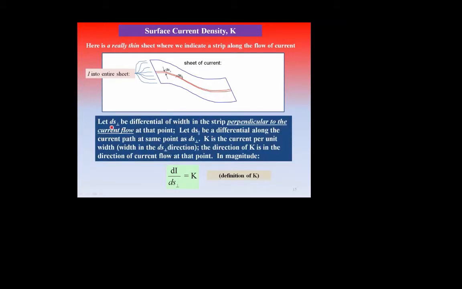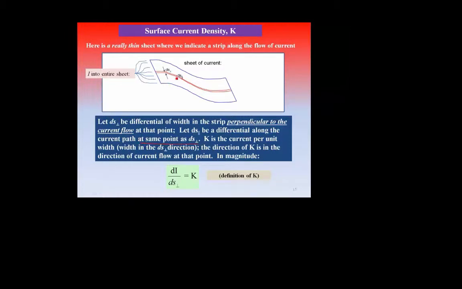The ds perpendicular is the differential of width in the strip that's perpendicular to the current flow at that point. ds parallel is a differential along the current path at the same point as ds perpendicular.